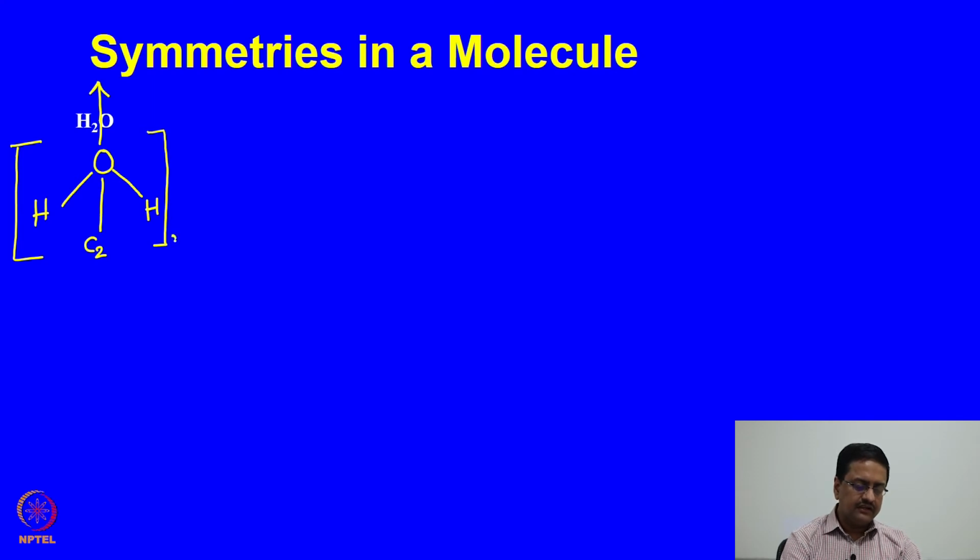So, this mirror plane is nothing but a sigma V, and there is another mirror plane which is perpendicular to the plane of the board, but still contains the twofold axis or C2 axis, which I am drawing like that, is another sigma V. So, this molecule has one C2 and two sigma V planes present in it.